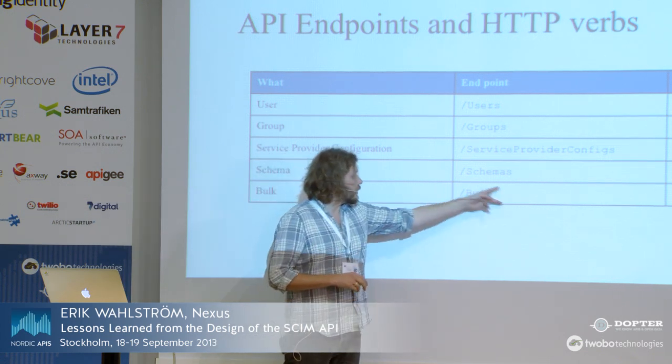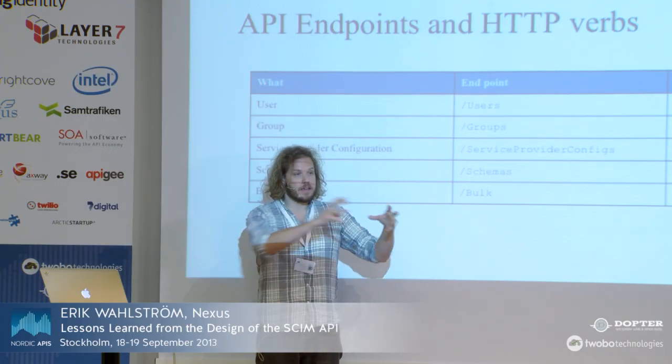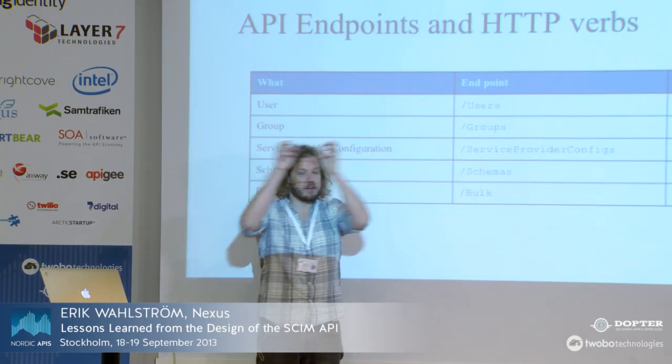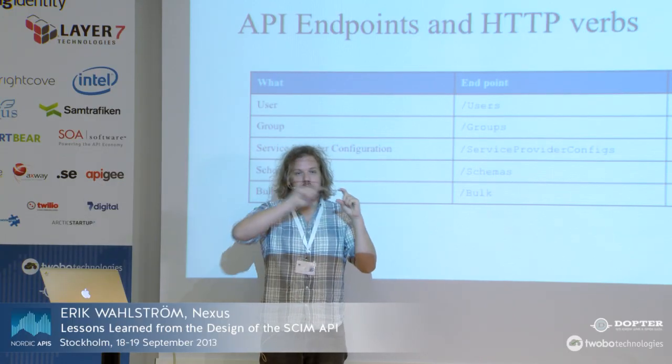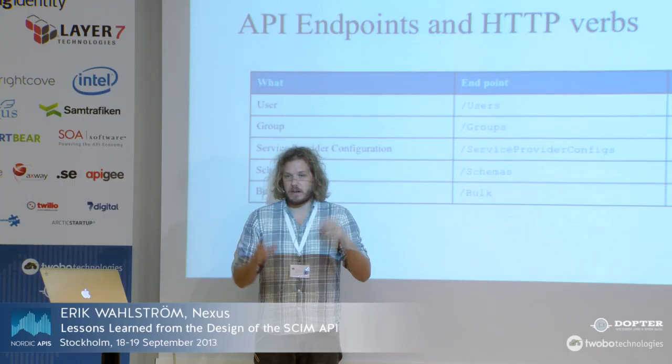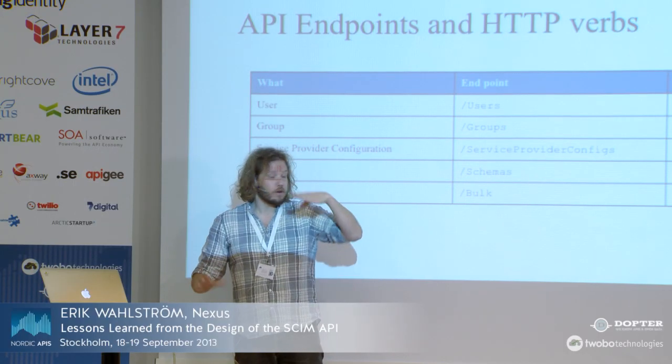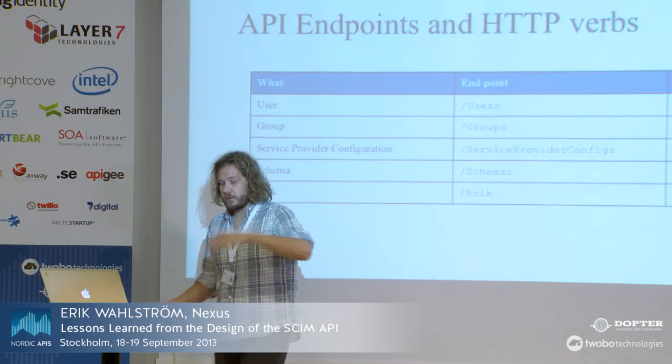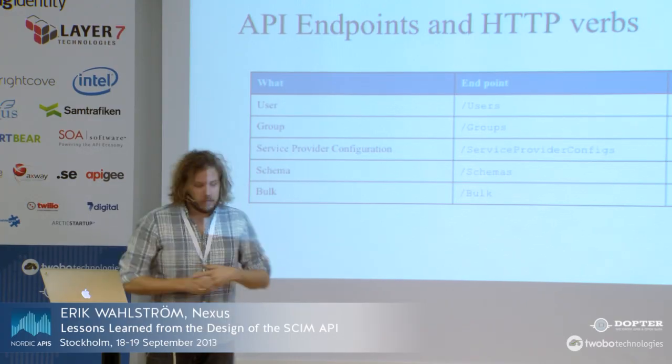And then we have this bulk thing that's good for, okay, I want to move everything from this server to another server. You don't want to do that in single requests. So bulk is a way to package a lot of requests into one huge HTTP request and just send it.